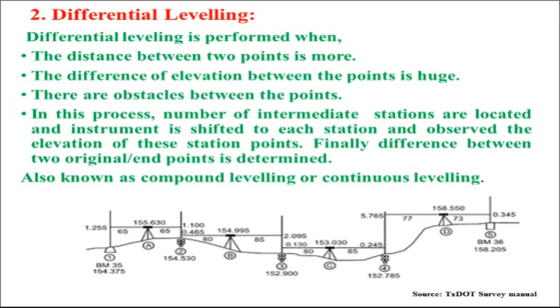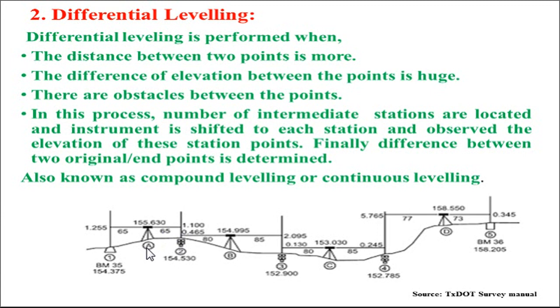So, in this figure, suppose we want to find out the level difference between point A and point D. For this purpose, we set the level like this, near to A, and take the first reading on the benchmark. Then we hold the staff at point 2 and again take the reading.